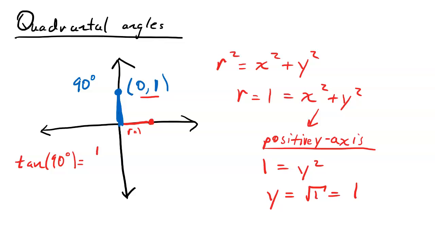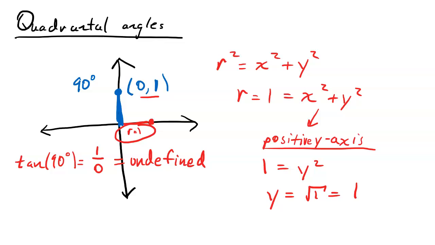So we get 1 over 0. So this is undefined. So when we're dealing with quadrantal angles, you can get undefined or 0, and that's because we're setting r equal to 1. So just remember that we're setting r equal to 1.